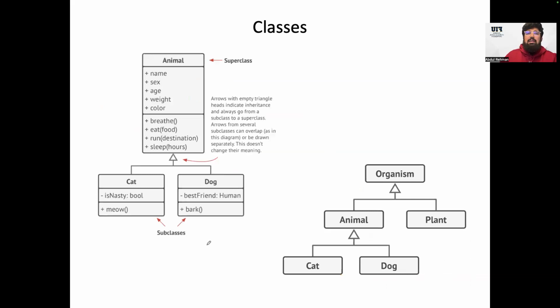Let's say I look at a bigger spectrum: we have organisms. We have animals, and we could have plants. In animals, we have cats and dogs. So we can have a hierarchy, right? If I'm talking about animal, animal may have cat as a subclass or dog as a subclass.